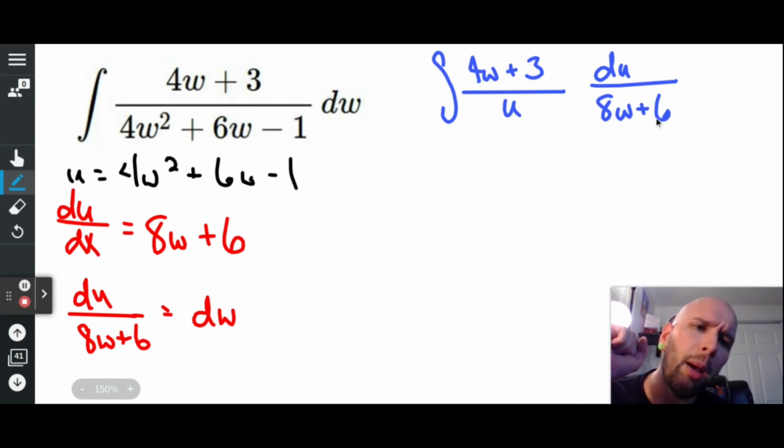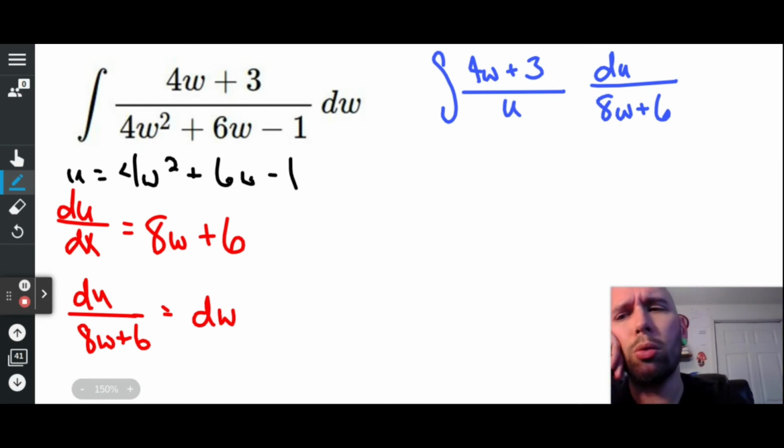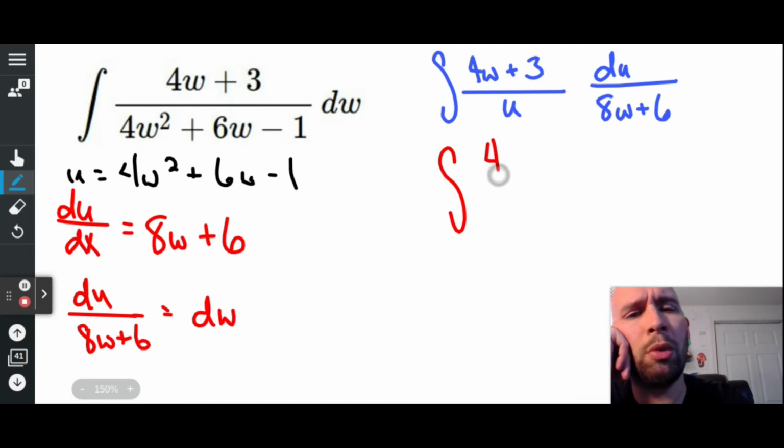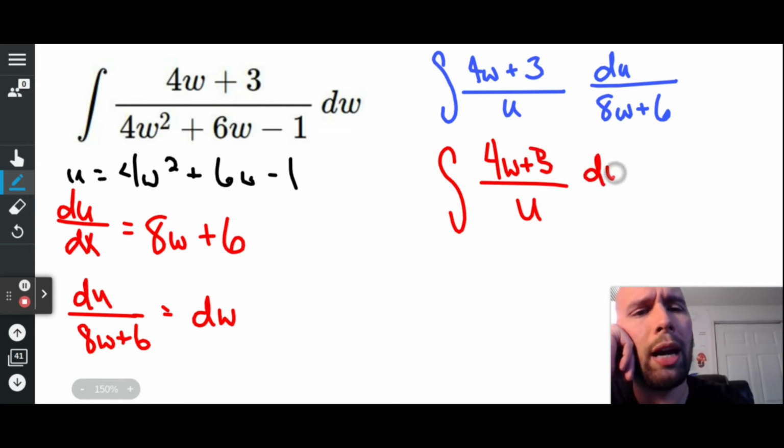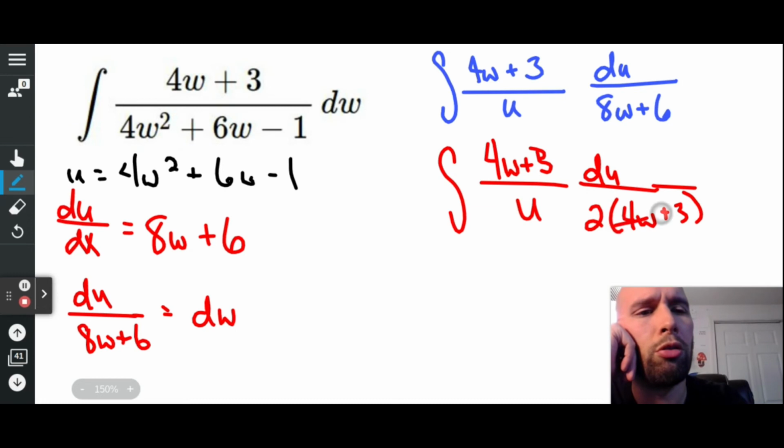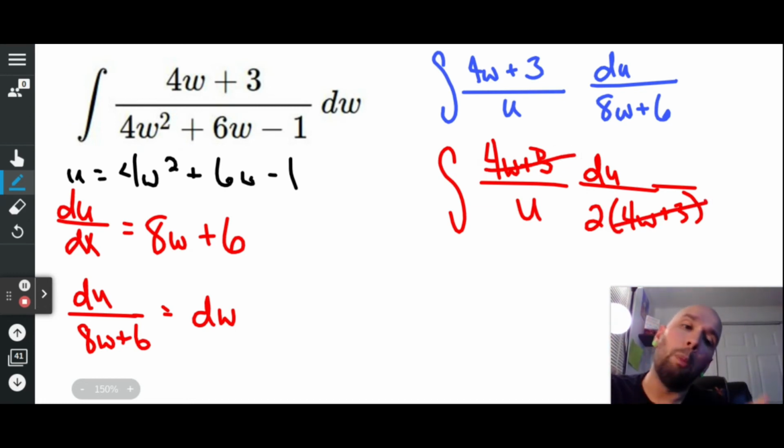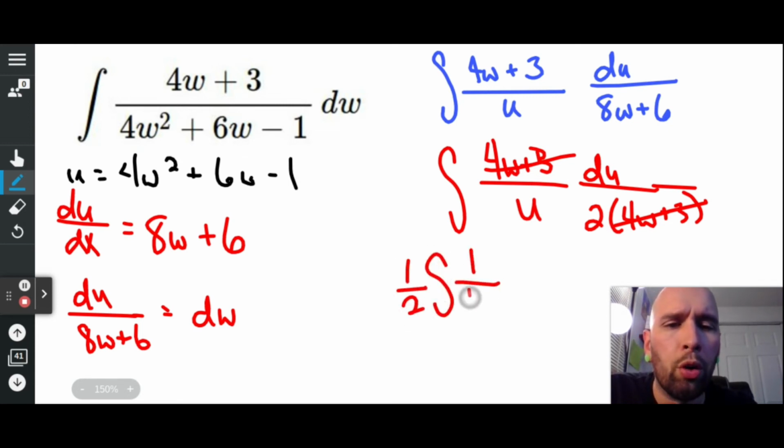It looks like this denominator, if I were to factor out a 2, that would leave me 4w plus 3 over u du. Factor out a 2, and I would get, oh, no way. I would have never guessed. So cross u out, cross u out. I'll bring the 2 on the bottom out in front and make it a half. And the integral is going to be 1 over u du.